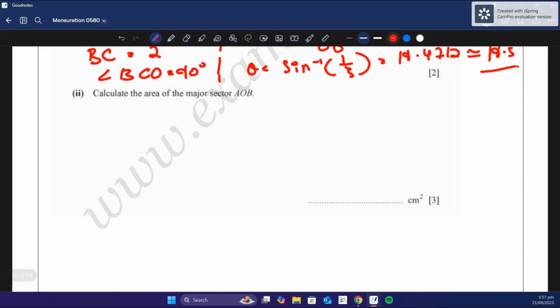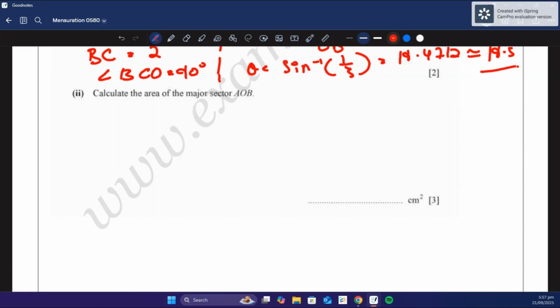Part 4, calculate the total area of the shape. The area of the shape consists of one sector AOB, the triangle OBC, and the triangle AOD. So we're going to do this step by step.